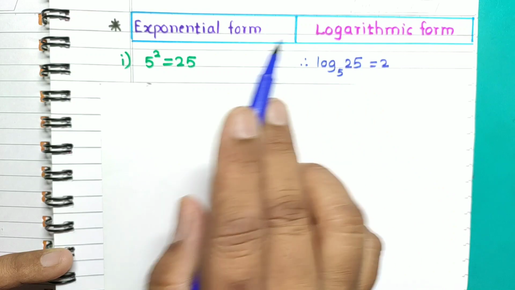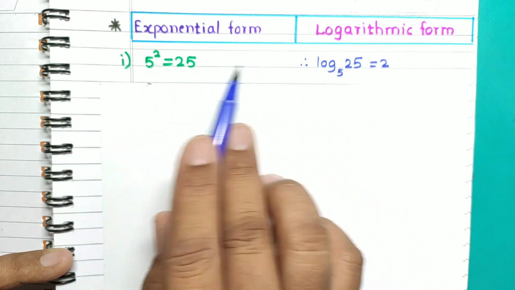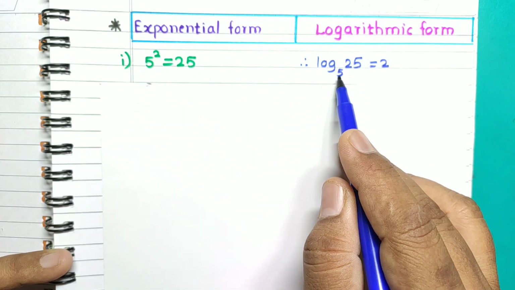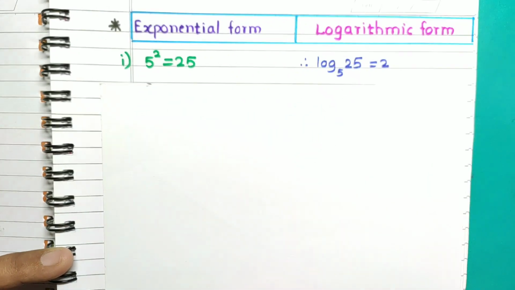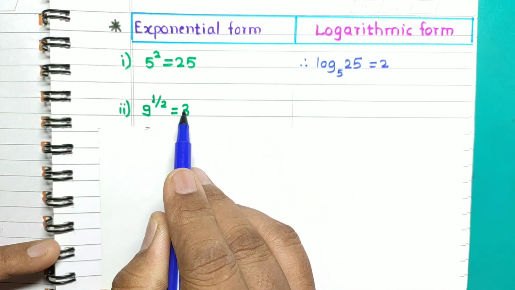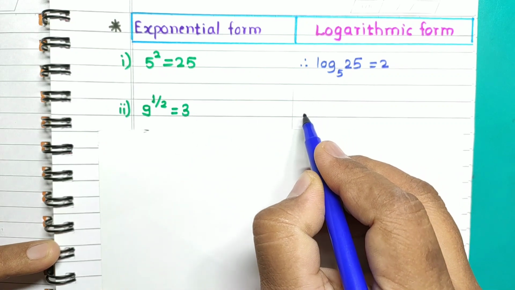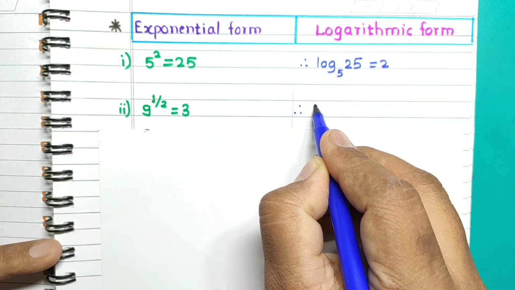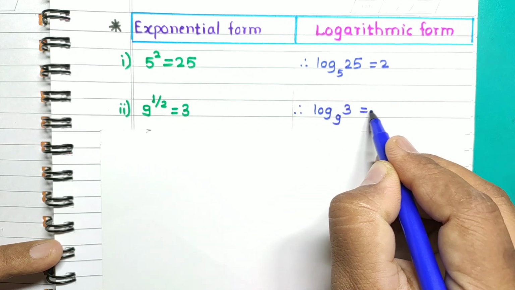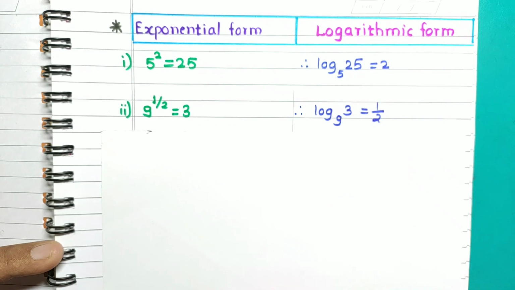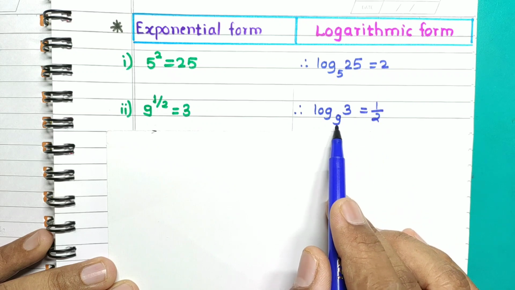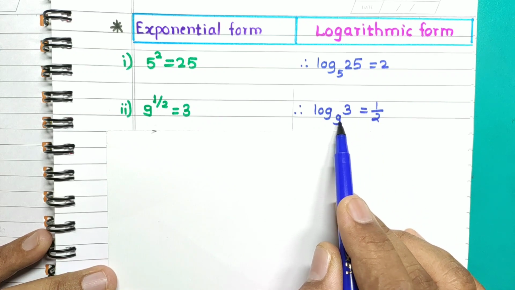In both the forms the base is the same: here the base is 5 and here also the base is 5. Next exponential form is 9 raised to half is equal to 3. So we write it as log of 3 to the base 9 is half. Here the base is 9 and in logarithmic form also the base is 9.